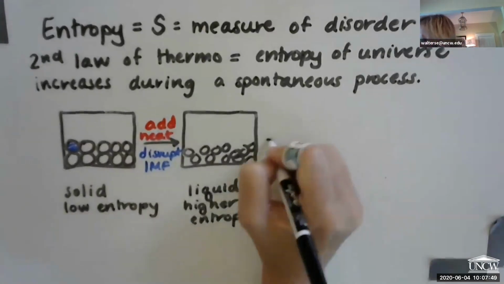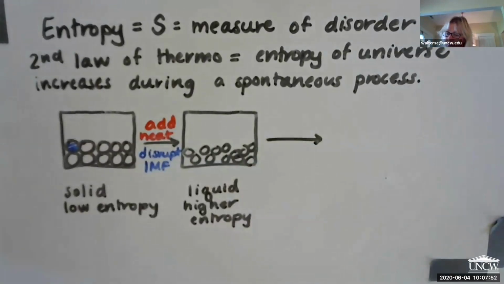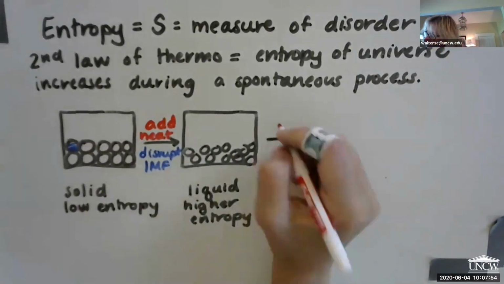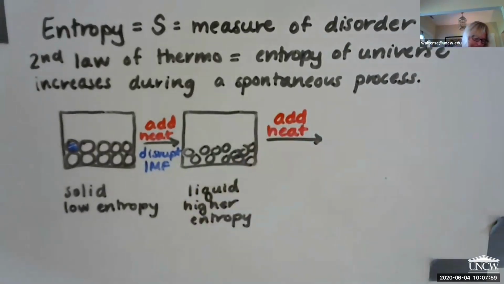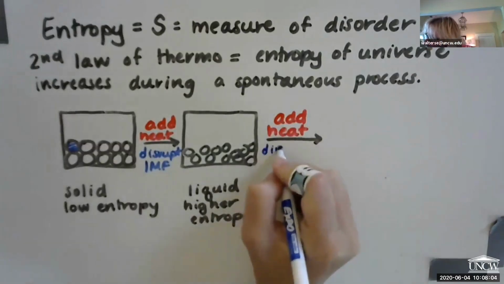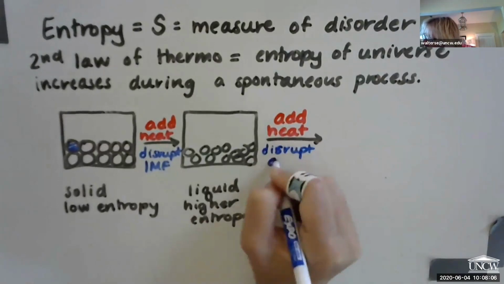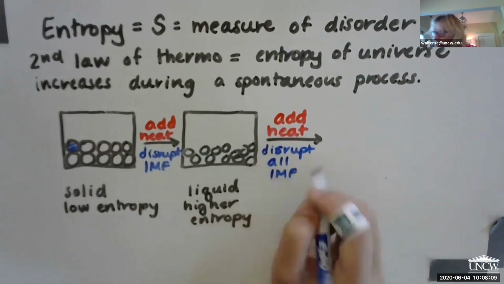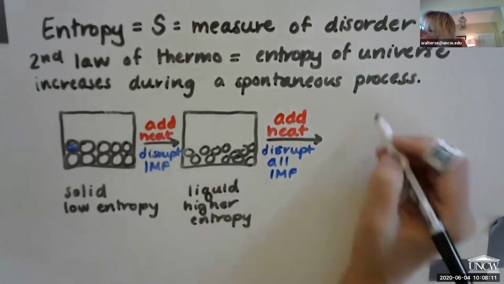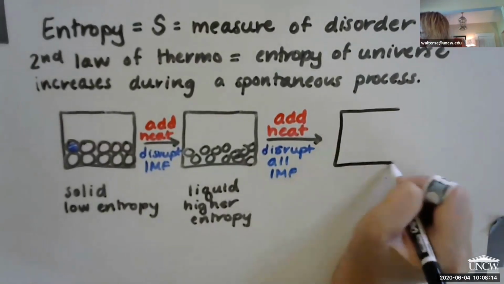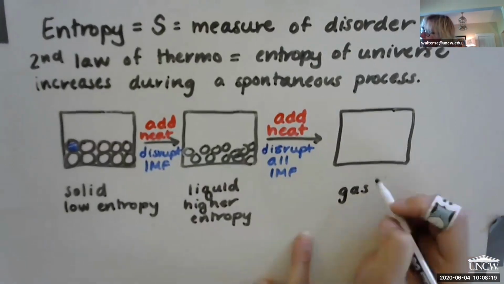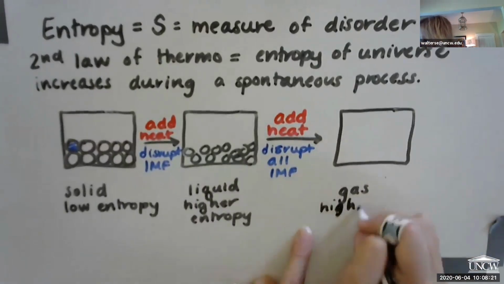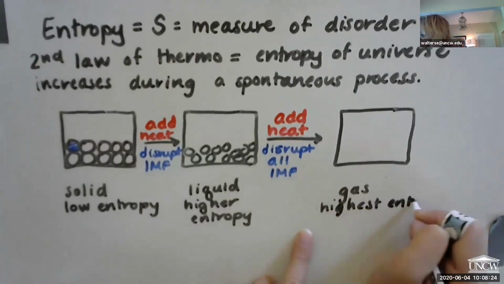And then you add in heat again. And you're going to disrupt all the rest of the intermolecular forces so that when you have your gas sample, your gas sample will have the highest entropy or the most disorder.